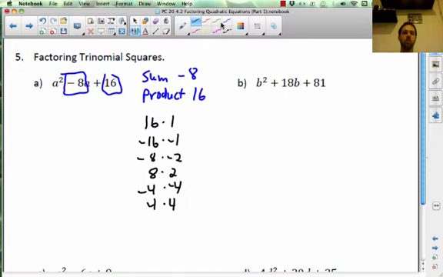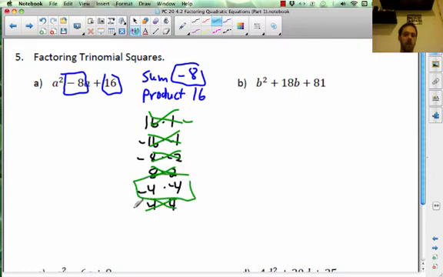Now all we have to do, once we've listed all the factors of 16, is choose the ones that give us the correct sum that we're looking for. So these add up to 17, no good, because we're looking for minus 8. These add up to minus 17, no good. These add up to minus 10. These add up to positive 10. These add up to minus 8. Here's positive 8. They don't work.